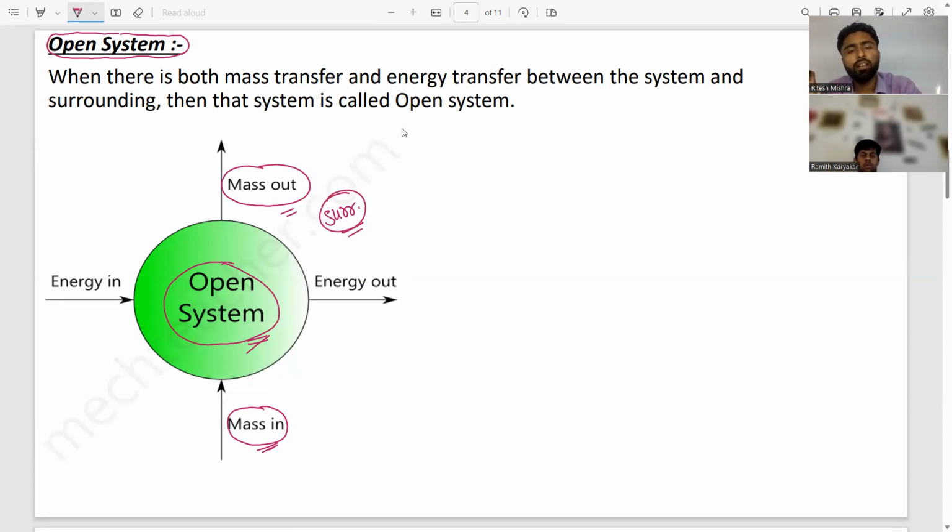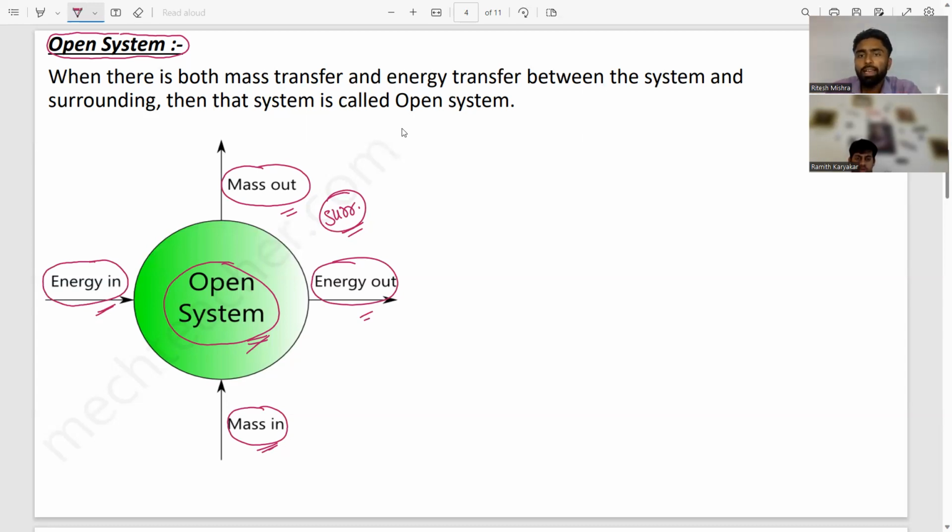Here mass transfer occurs between the system and surrounding, and energy also transfers between the system and surrounding. Energy in and energy out. That means here energy transfer also occurs. So whenever there is both mass transfer and energy transfer between the system and surrounding, that type of system is called an open system.